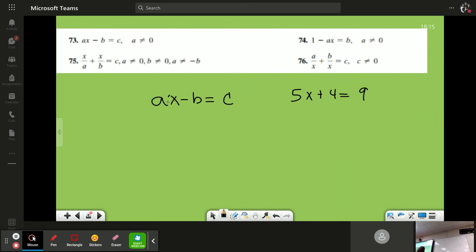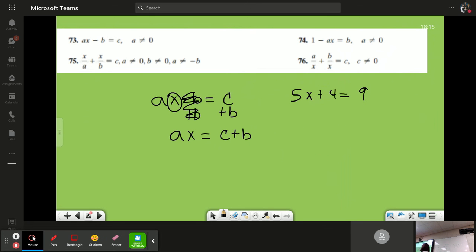I'm trying to get this x by itself. So that makes b the constant and a the coefficient. I add, subtract, or multiply, or divide. On this one, because it's a negative b, I need a positive b. It cancels it from over here, and I have a times x equals c plus b.